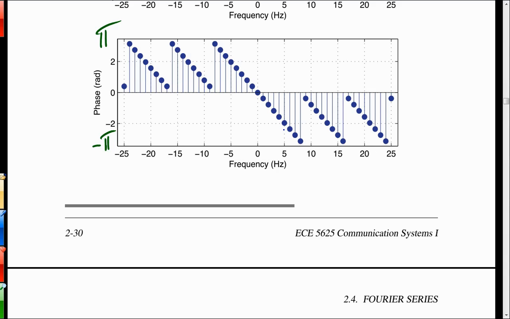So I guess now that I'm looking at it, this does have the right stuff. Nowhere on this one do I see it wrapped by 2 pi though, which is kind of perplexing. Why is that? This wrap right here occurs when the sinc function changes sign.